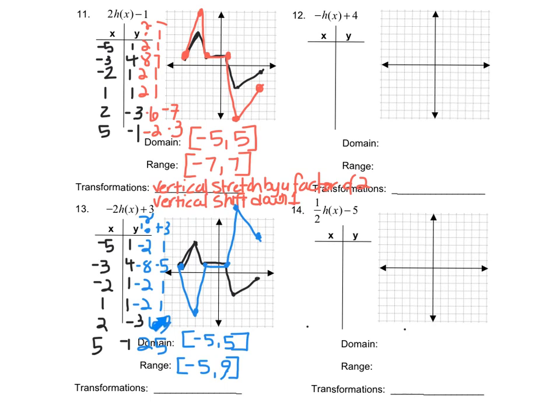I didn't have enough grid for the 9. You have 3 transformations, and I'm going to dictate them to you because I don't have anywhere to put them. So the first one is a reflection over the y-axis. This negative does a reflection over the y-axis.